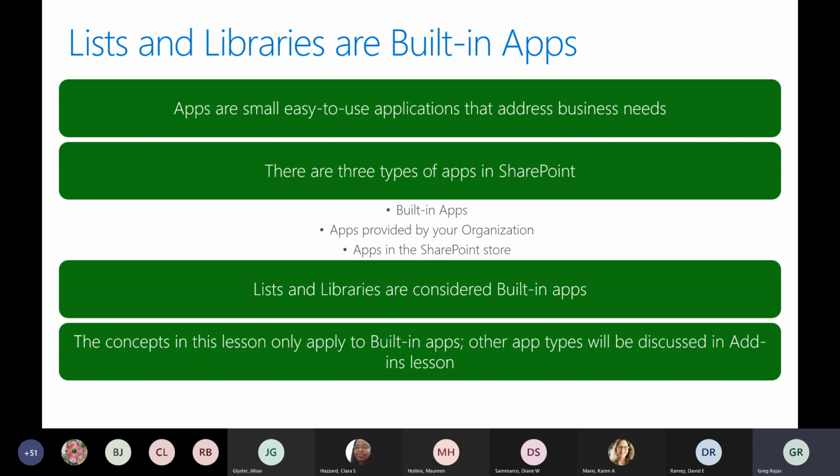Why? We're just modernizing the name of it. It was originally a web part. Now it's an app. Okay, fine. But these lists and libraries have been in SharePoint since the beginning. Lists and libraries have been around literally since the very beginning in 2001. And that's a long time ago.